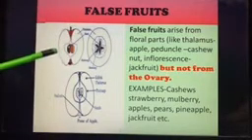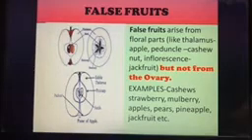In the same way, in cashew nut, that is kaju, the peduncle, which you know is the stalk of the flower, develops into a fruit, while in jackfruit the entire inflorescence gets converted into fruit, right? So here the ovary is not participating in fruit formation.